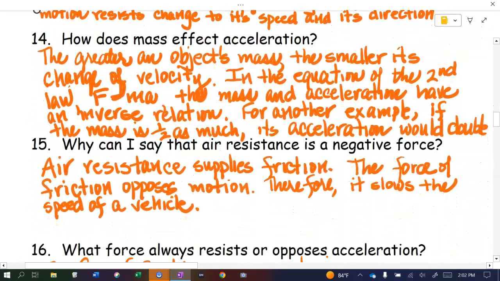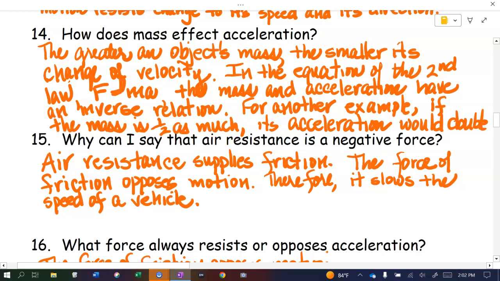How does mass affect acceleration? Well, once again, we have Newton's second law. The greater an object's mass, the smaller its change of velocity. We know that if you give the same size shove to a big man and a little kid, the kid is going to change velocity a lot more.